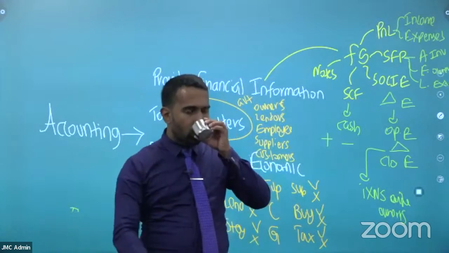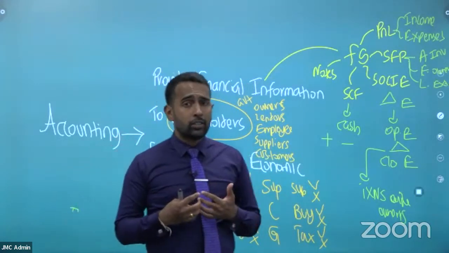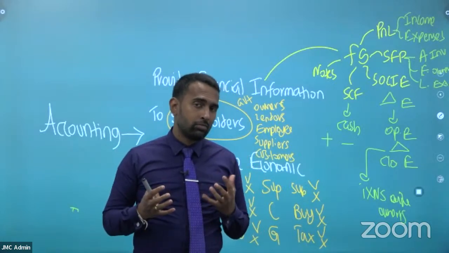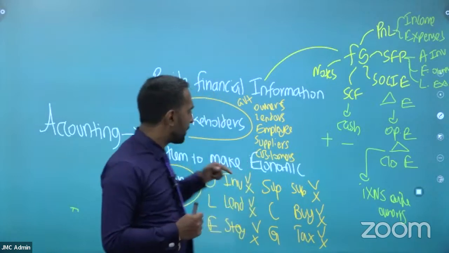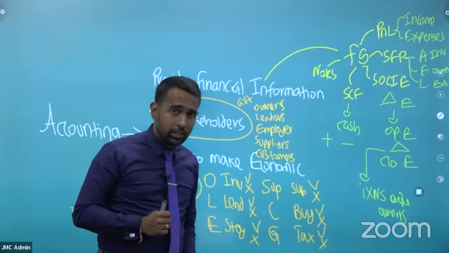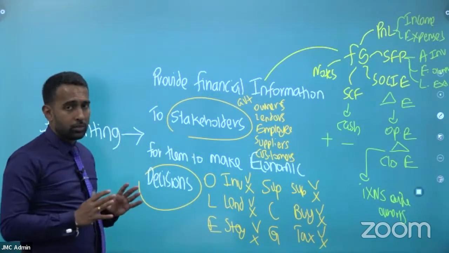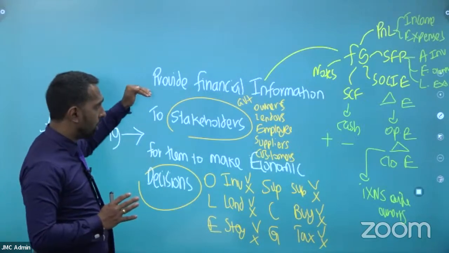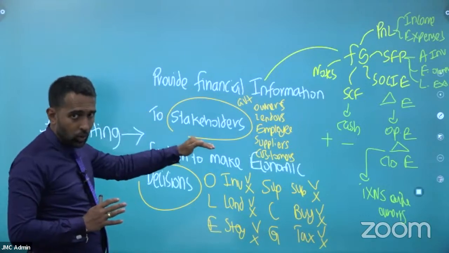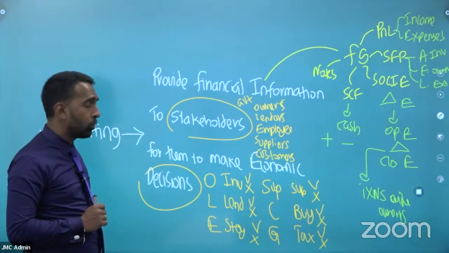So when you are trying to take a logical decision, you need to have financial information. That financial information is provided through these financial statements. This is basically what we learn under accounting: we are providing financial information to the stakeholders for them to make economic decisions.